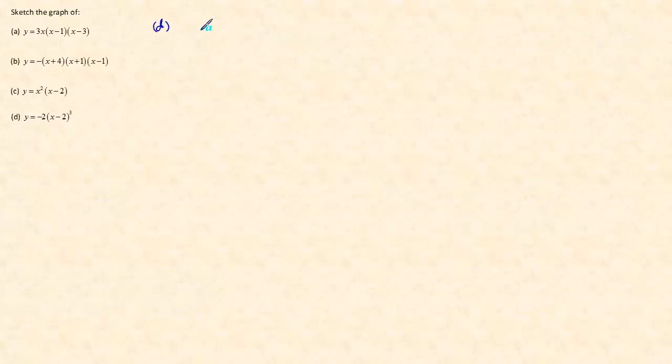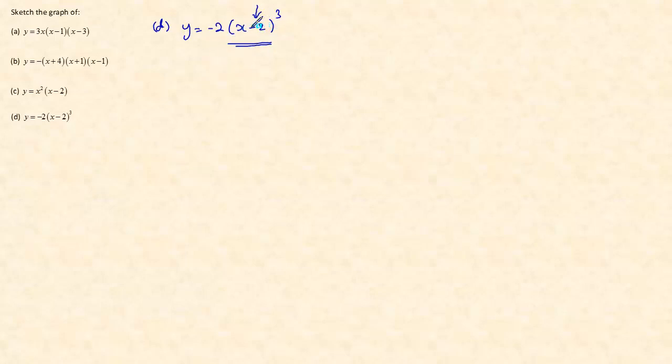So in part D we have y is equal to negative 2(x minus 2) cubed. Now a cube bracket here must mean we have a point of inflection. That's going to happen when it touches the axis at x equals 2.